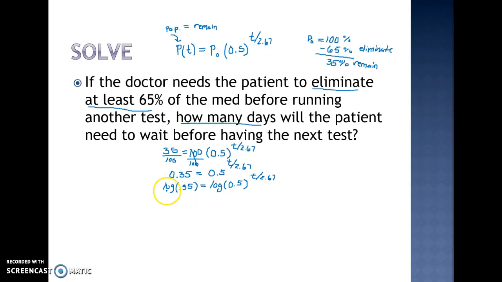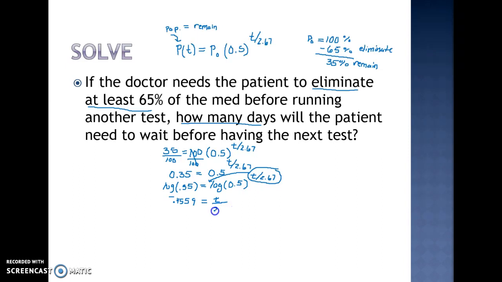On the left-hand side, log of 0.35, I'm able to type that in my calculator, and so I got a negative 0.4559, and I'm keeping that to 4 digits. And then on the right hand side, I'm going to take this exponent, this whole piece, and I move it down to the front, and it becomes multiplication, and that's all based on the product property.